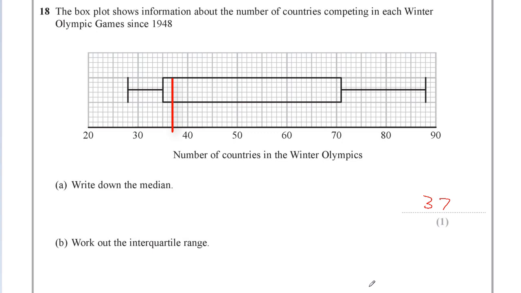And then part B, work out the interquartile range. Okay, we need to put down the lower quartile and upper quartile. The lower quartile is 35 and the upper quartile 71. So it's 71 minus 35, 36.